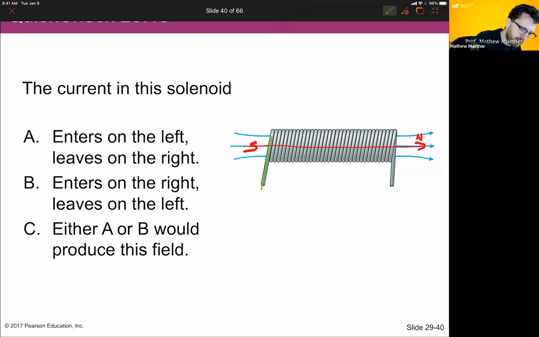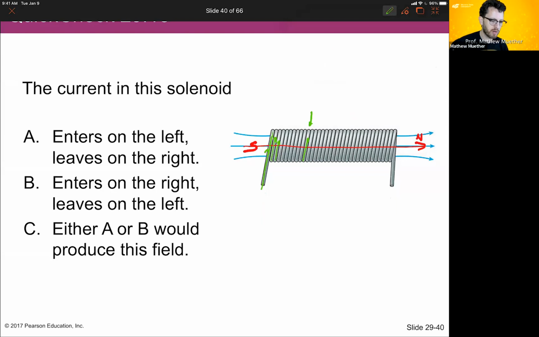So if I have current flowing in this direction, it's going to loop around, and on this side I'm going to see the current going up for all these regions that I see in this diagram. Well, what direction would the magnetic field in the center of the loop be pointing? Let's just take a single loop.